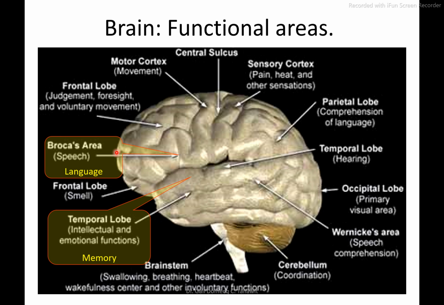Your temporal lobe is very important for intellectual and emotional functioning. Okay, let's go now to the posterior domain. We have the sensory cortex. All the pain, the heat, and other sensation would be processed and interpreted in here. The parietal lobe is for comprehension of language. It's not enough to hear the word or the uttered speech, but you have to interpret it based on what you have learned.